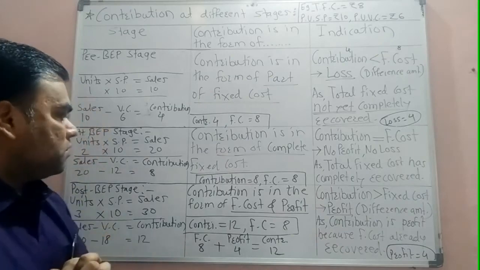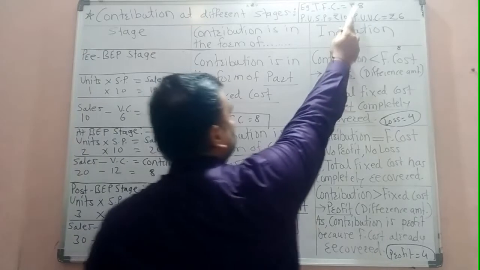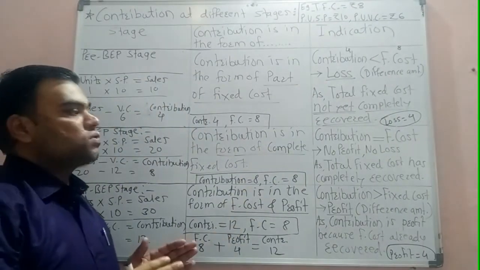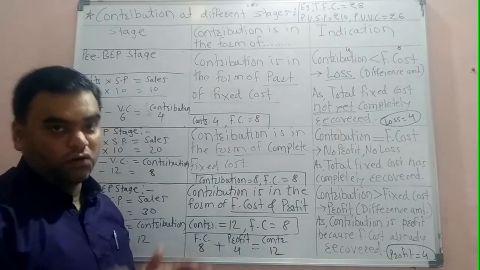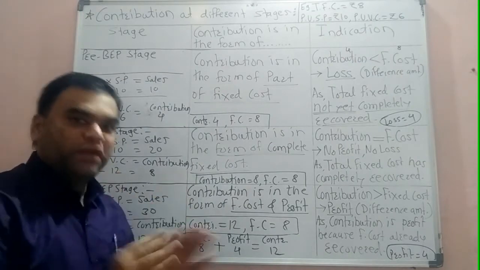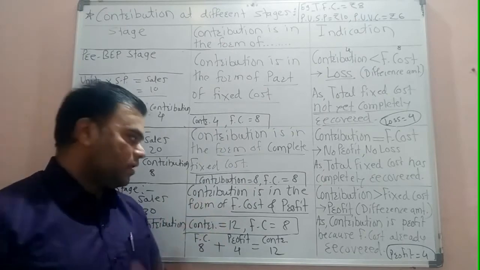So total contribution is 12. Out of 12, 8 is utilized to recover our total fixed cost. Now fixed cost is completely recovered already. So the remaining 4 will be profit, because our complete fixed cost has been recovered.